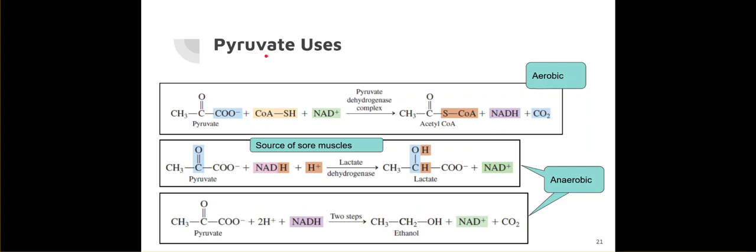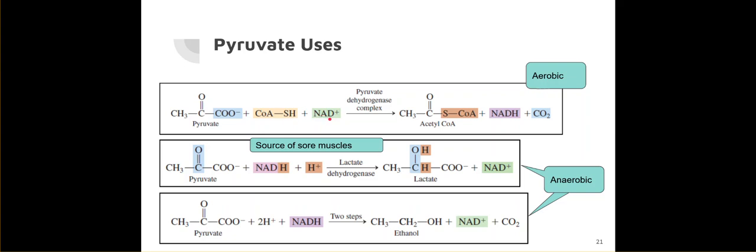And what does it get used for? Well, it can be converted, like we said, to acetyl CoA, which then goes into the Krebs cycle. So you have pyruvate basically forming a bond with this CoASH. Remember, it attaches to this sulfur.